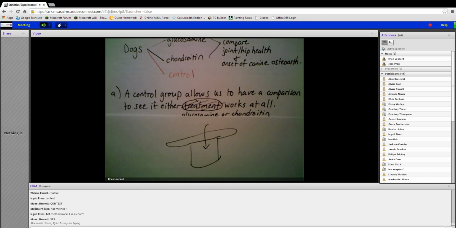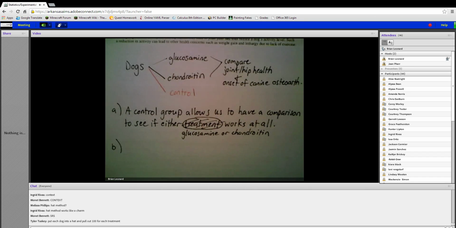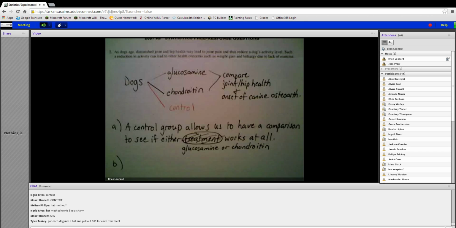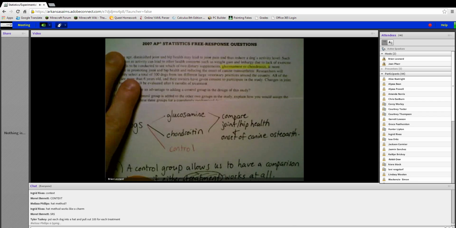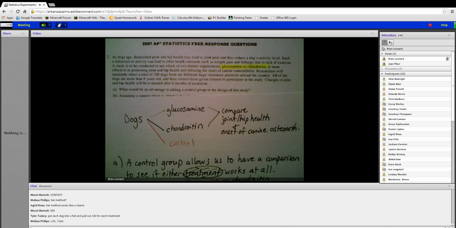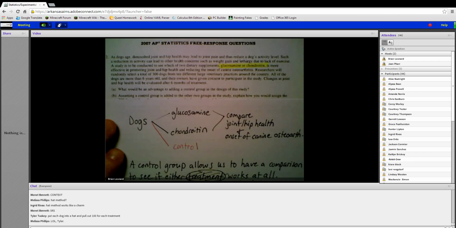You got it. Now, I'm not going to write all that down. I think you pretty much know how to do that. I love what Tyler said: put each dog into the hat and pull out 100 for each treatment. That is accepted on the AP exam, even though it's maybe not physically possible. It's a random assignment.